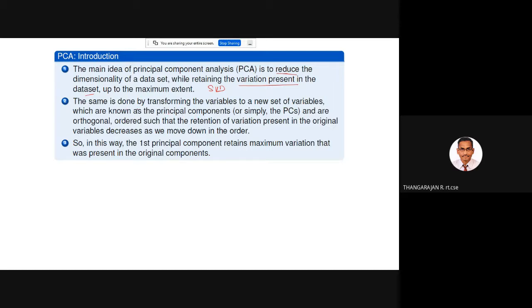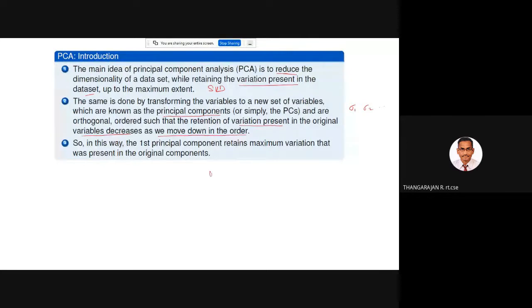This is done by transforming the variables to a new set of variables known as principal components, like what we said about sigma 1, sigma 2. They are orthogonal and ordered such that the retention of variation present in the original variables decreases as we go down the order.